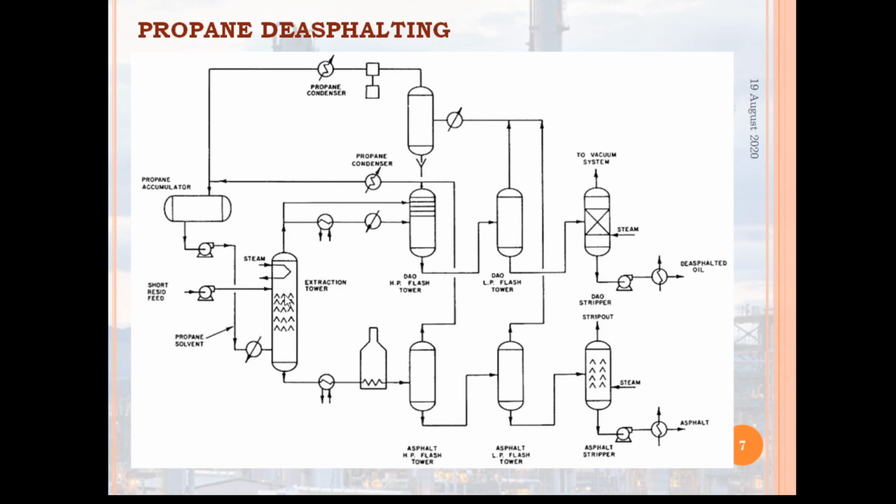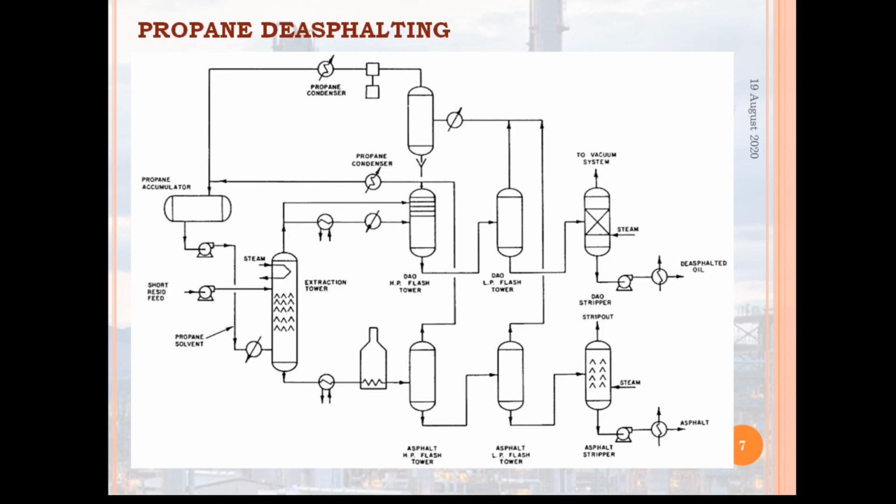Between the residuum feed point and the top of the tower, a heating coil increases the temperature of the propane oil extract phase, thus reducing the solubility of the oil in the propane.